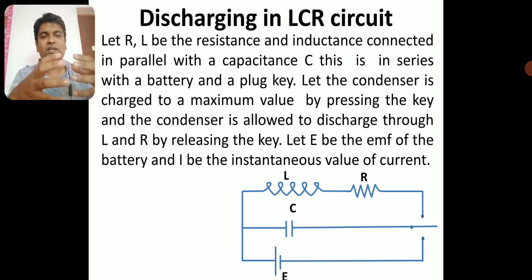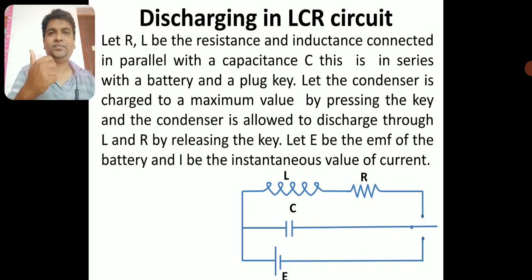Now the capacitor, which is completely charged, will get discharged through the inductor and resistor. Okay, first the condenser is charged to a maximum value by pressing the key, and then it is allowed to discharge through an inductor and resistor by releasing the key.